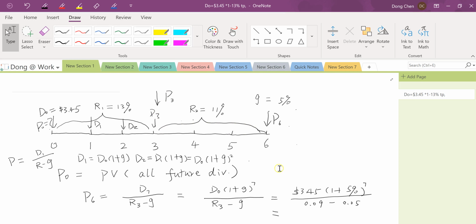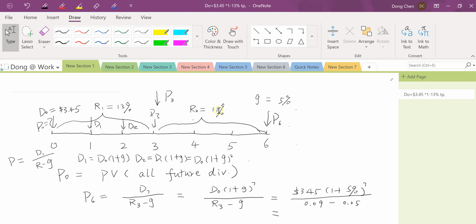What I can do is, if I want to calculate expected price at time 3, when I stand at this point 3 and look forward, I have dividends here, here, and year 6 dividend. So I have 3 dividends, plus this final price, P6. So I have these 4 cash flows.